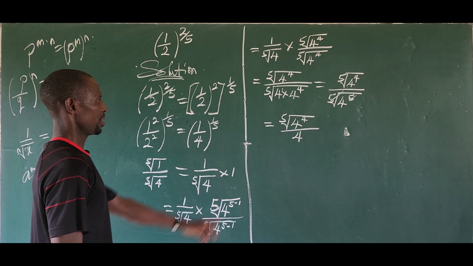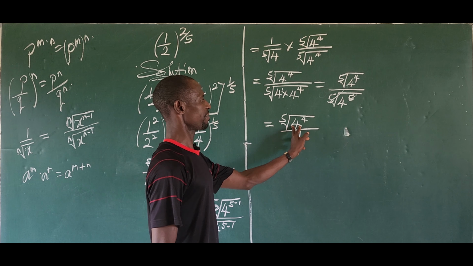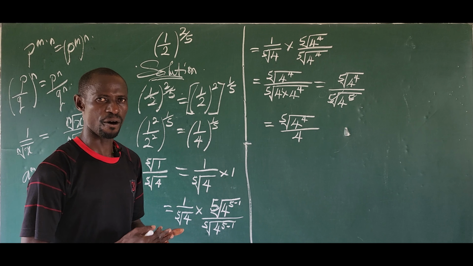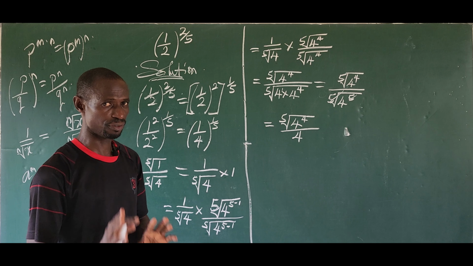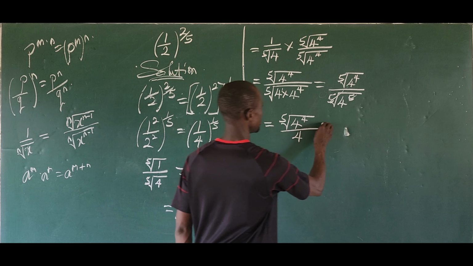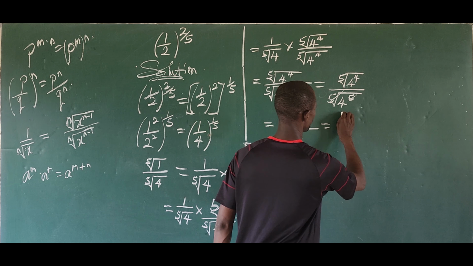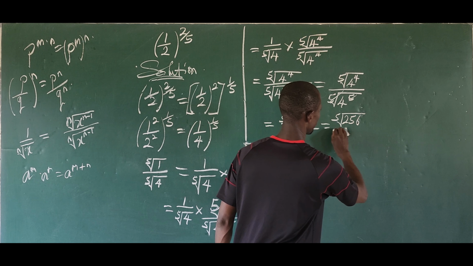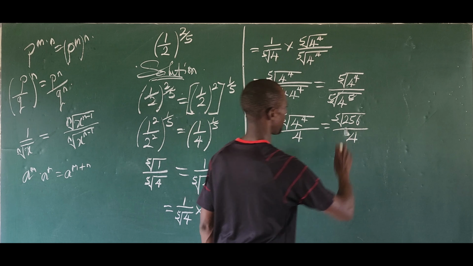Now look at this. What we do here now is to look for the value of 4 to the power of 4. 4 to the power of 4 is 4 times 4 times 4 times 4, right? And so this is going to give us the fifth root of 256, all over 4.